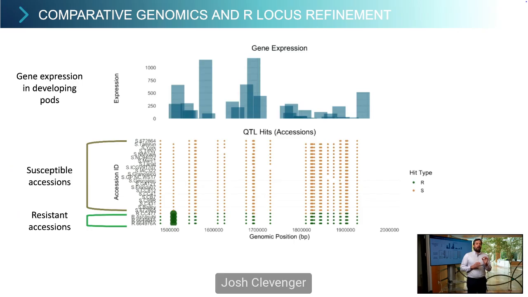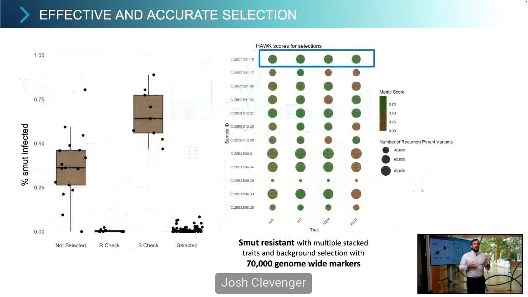So although we can't pinpoint the exact functional variation that gives rise to resistance to the smut pathogen, what we can say is this haplotype is a novel resistance haplotype that gives rise to this resistance, and it has high potential to give resistance to other soil-borne pathogens. So really, really impactful discovery here that we're going to be able to test and help solve problems for other diseases as well. So if we move forward, that's sort of the discovery phase.